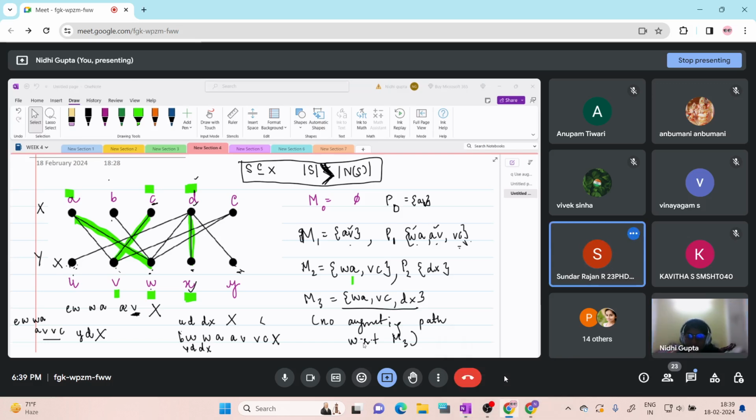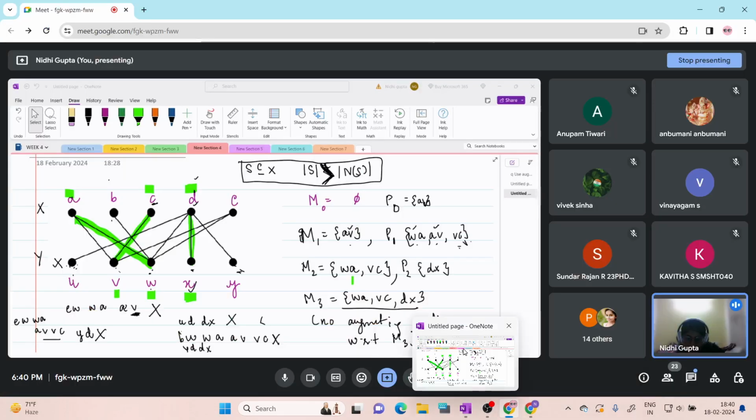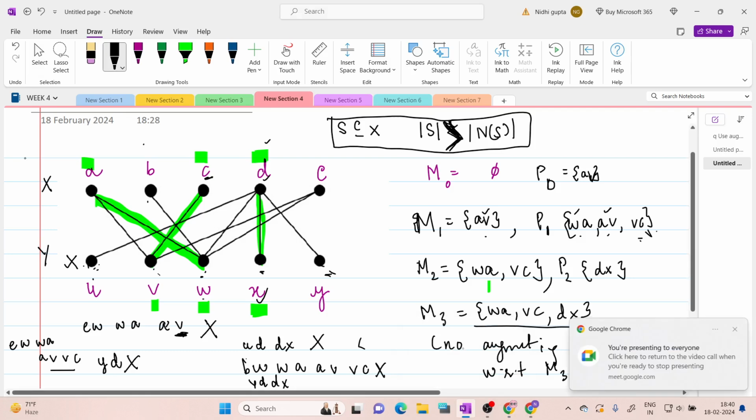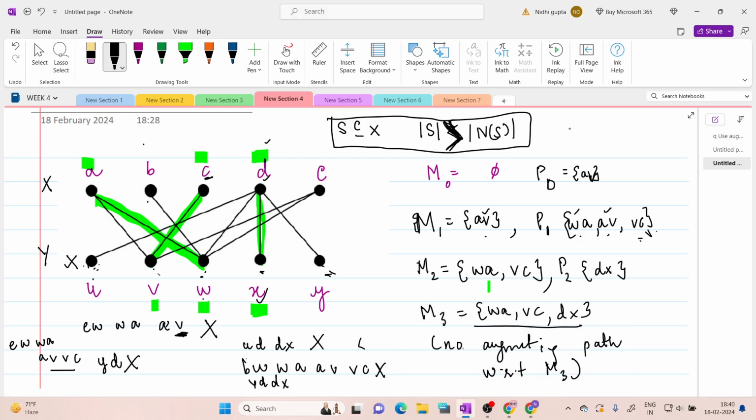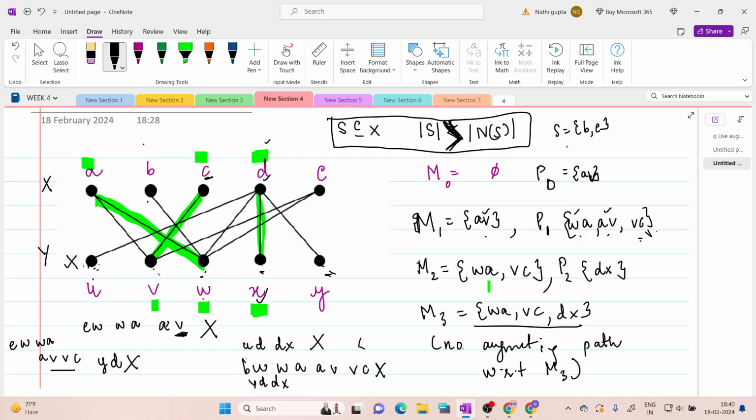S is equal to D, E, which has neighbors... sorry, S is equal to B, E. Okay, so you are saying S equal to B and E, right?